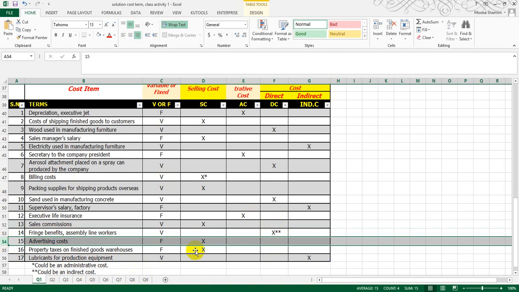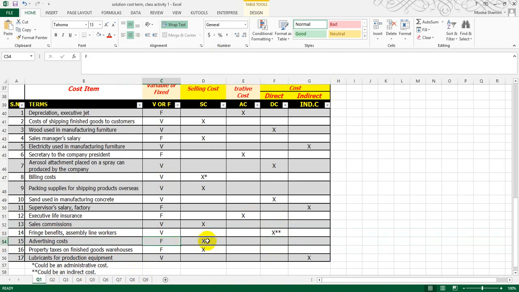Advertising cost, advertising is fixed, and for selling the product, so it's again a selling cost. Property tax on finished goods warehouse. If you are paying the property tax on finished goods warehouse, again it is a fixed cost, and it is related with selling the product or warehouse, so we will treat it as a selling cost.